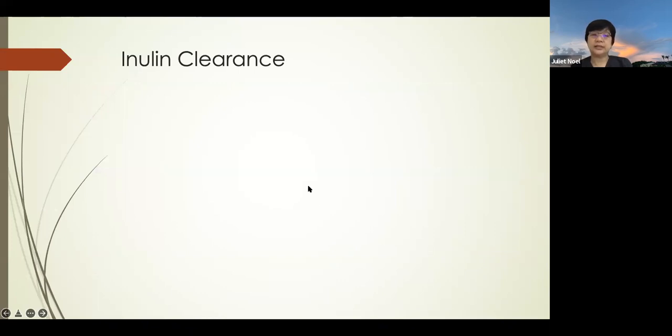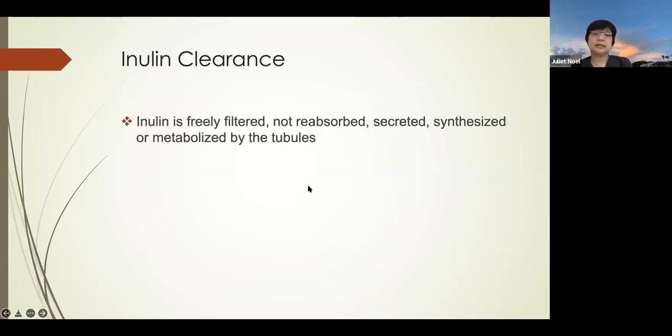Inulin clearance, this is actually the best marker, because it's freely filtered, not reabsorbed, not secreted, not synthesized, not metabolized. So this is the ideal marker, but unfortunately it is exogenous. Since it's exogenous, for you to measure the clearance, it has to be continuously infused.